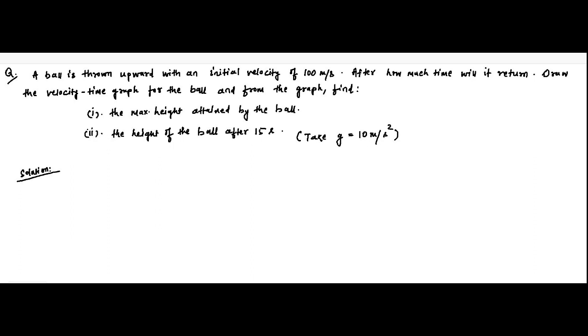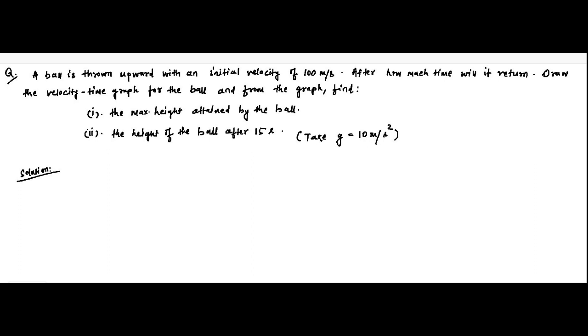And we have to draw the velocity-time graph for the ball. From the graph we have to find the maximum height achieved by the ball and the height of the ball after 15 seconds. Here we have to take acceleration due to gravity, small g, equal to 10 meters per second square.